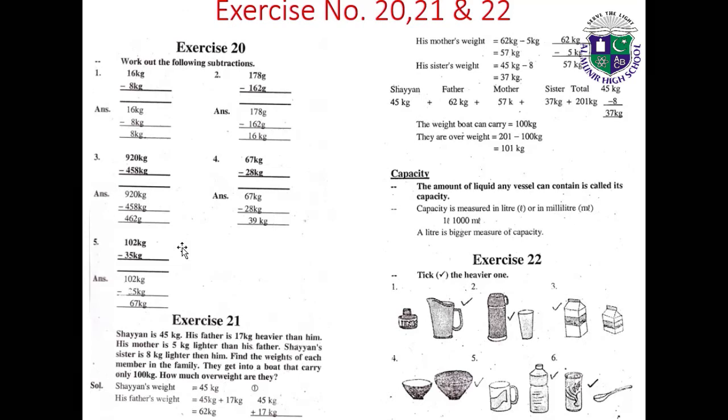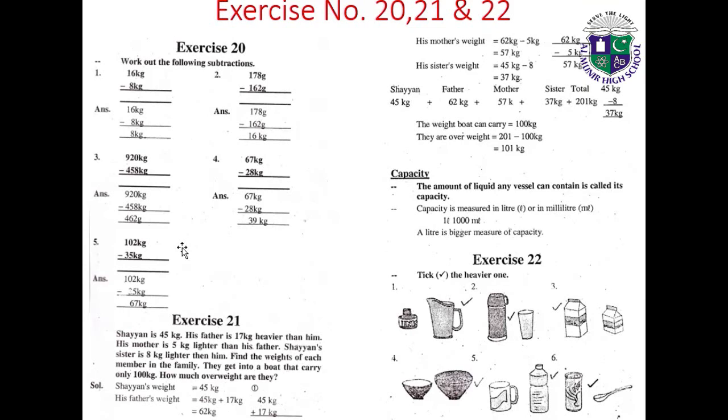Shayan 45 plus father 62 plus mother 57 plus sister 37, total equals 201 kilogram. The boat can carry 100 kilogram. They are overweight. 201 minus 100 kilogram equals 101 kilogram is the amount over.